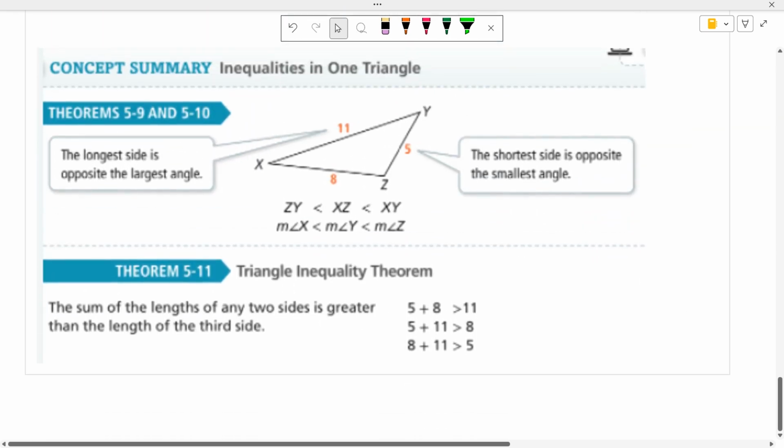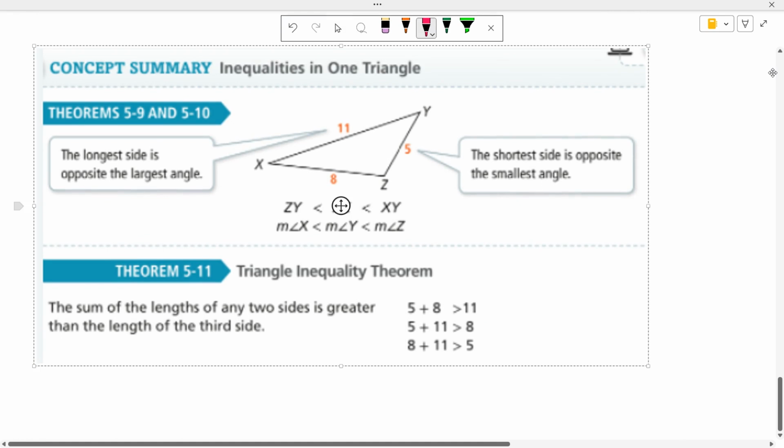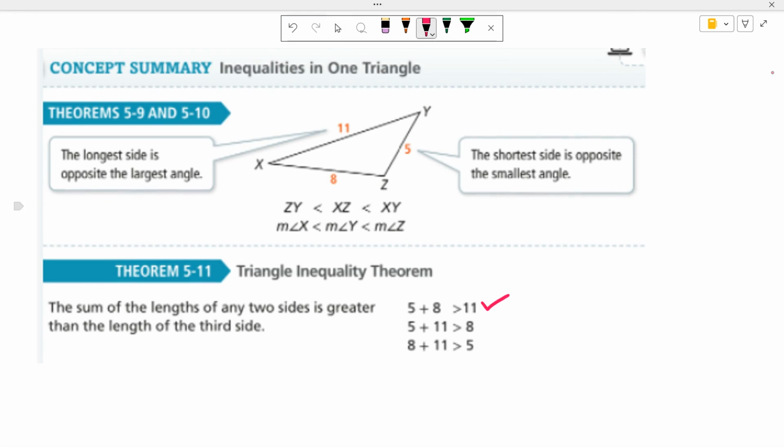All right. So the triangle inequality theorem, if 5 plus 8 is bigger than 11, it works. 5 plus 11 is bigger than 8. 8 plus 11 is bigger than 5, so yeah, it'll work because the smallest two add up to be bigger than the biggest.